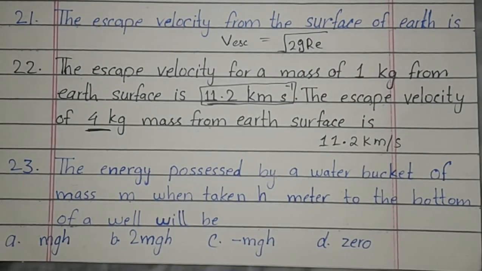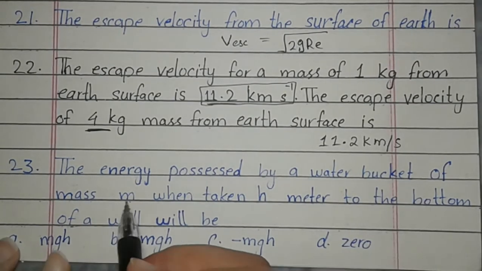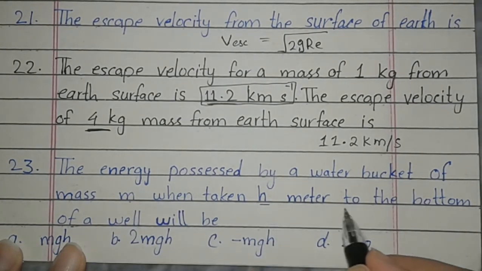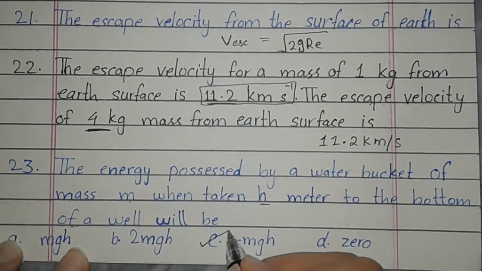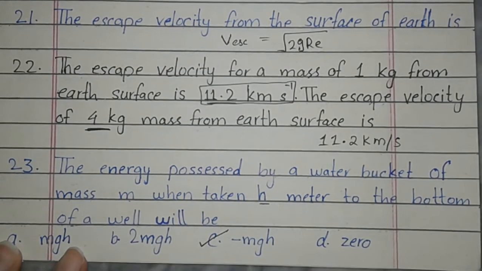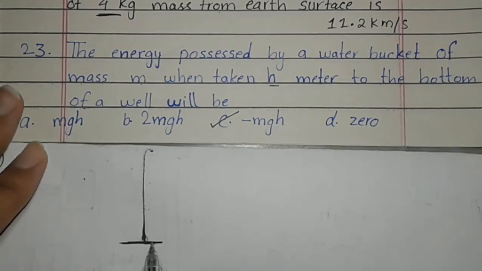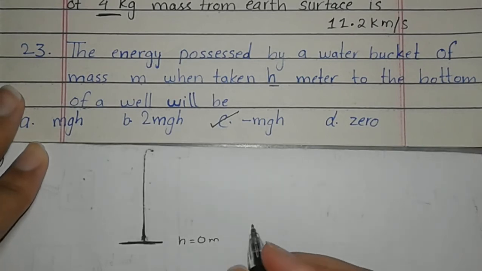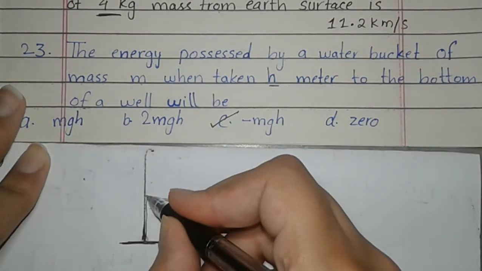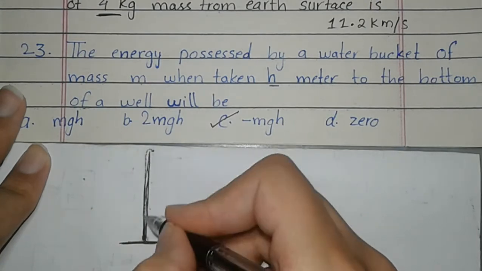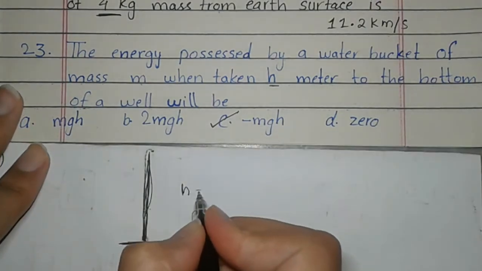Next one, the energy possessed by a water bucket of mass m when taken h meter to the bottom of the well will be. Now here option C is correct. How? Let's prove this. Look here, we know this is the surface of earth, and the height here will be 0 meter. Now if we move above the surface of earth, then the height will be positive.